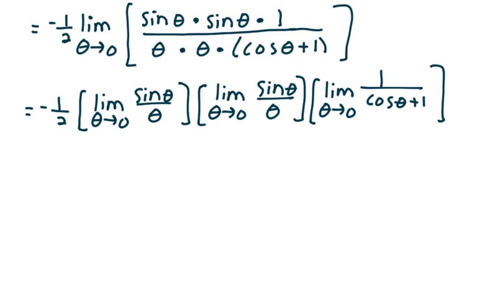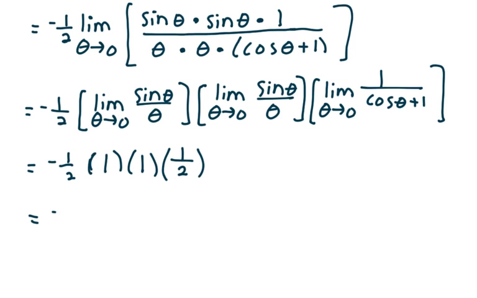So I broke it up in this way. And so this is negative 1/2 times 1 times 1 times, now remember cosine of 0 is 1, 1 plus 1 is 2. So we're going to multiply by 1/2. To evaluate that third limit, it's just direct substitution.